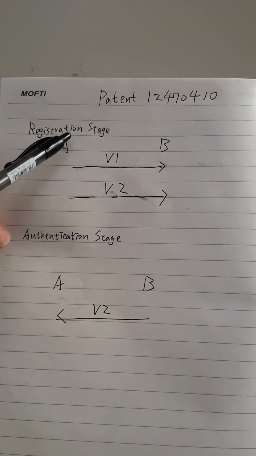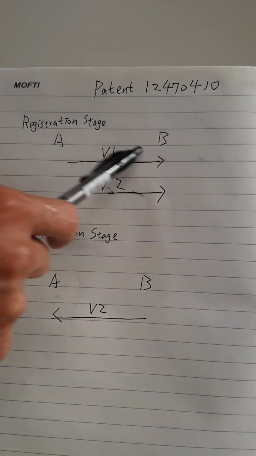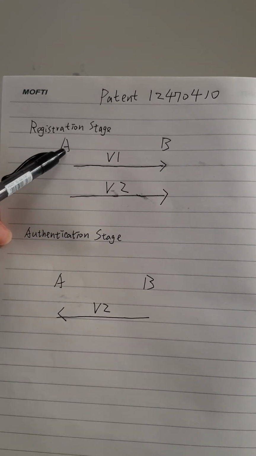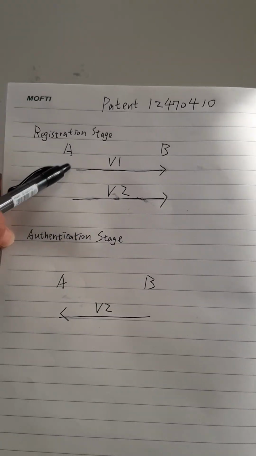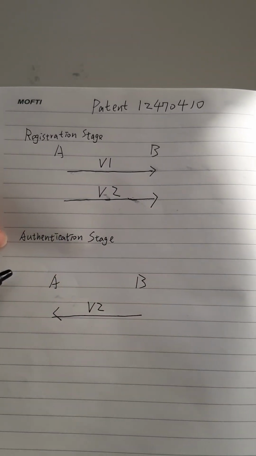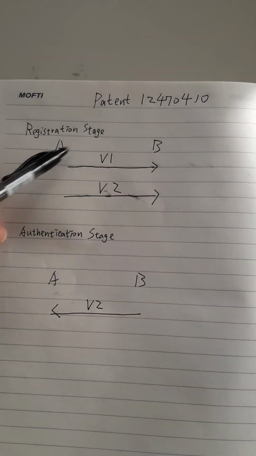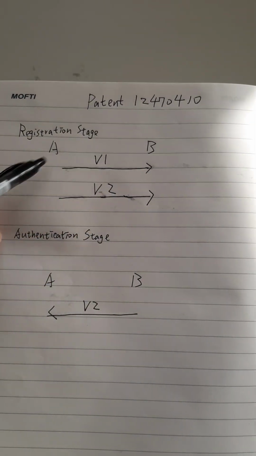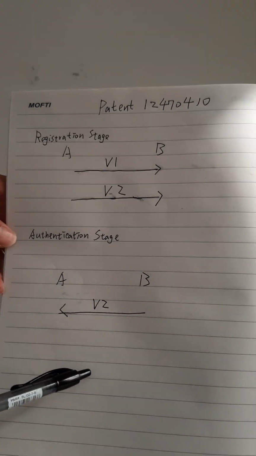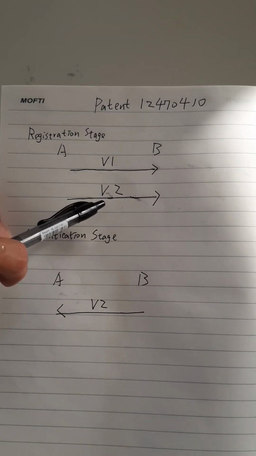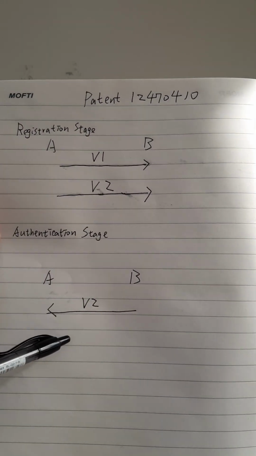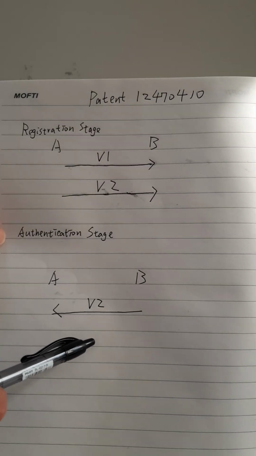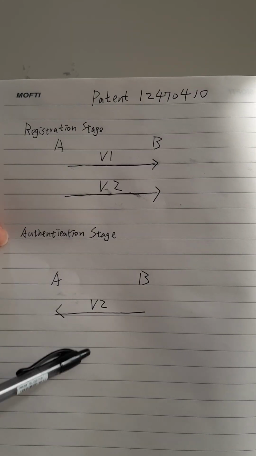For example, two CPUs can talk to each other, or two drones, or two computers, or two cell phones can talk to each other. So A and B are two devices. Now, V1 and V2 are two distinct authentication codes.